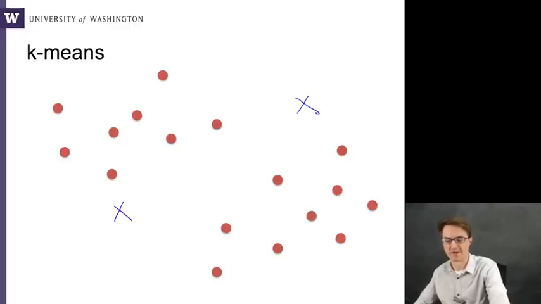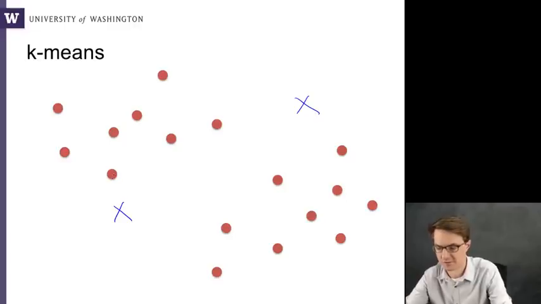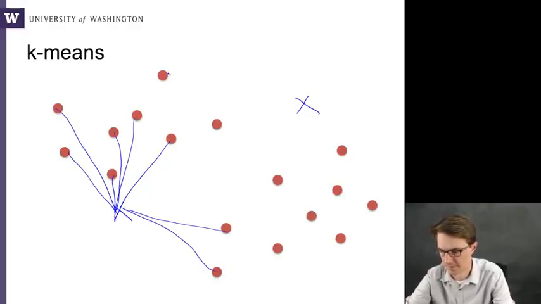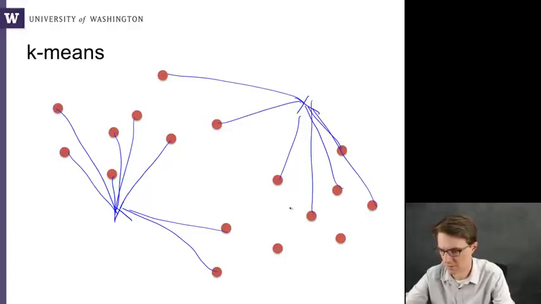For each point in the data set, figure out which of these two centroids it's closer to. This is closer to this one, that's about halfway, but probably this one. And this one's about half, but we'll say it's over here.